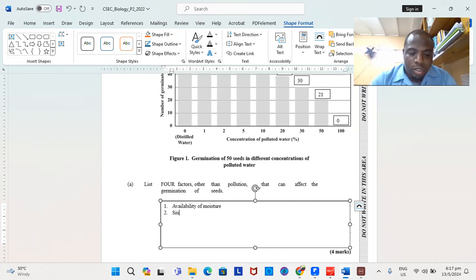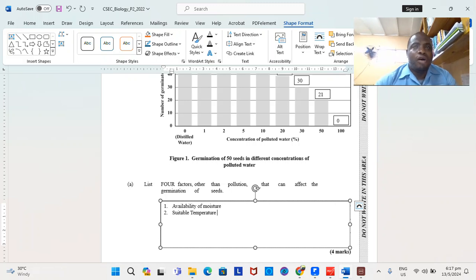Suitable temperature. And again, seeds will germinate in varying temperatures based on the type of seed. Temperature is needed because when you have that moisture, in order for it to be utilized, the enzymes need to be at a particular temperature.